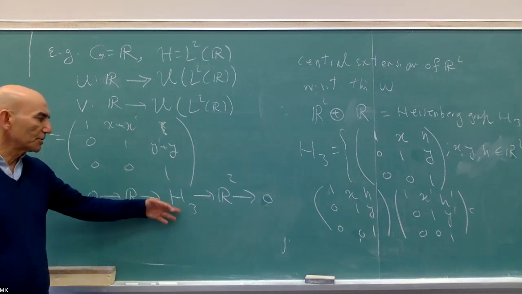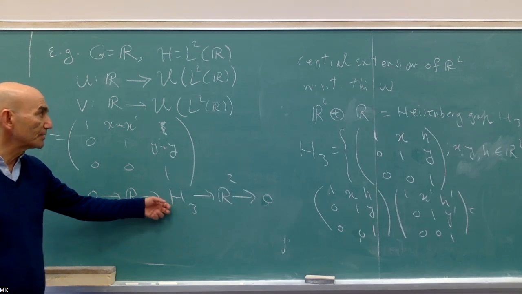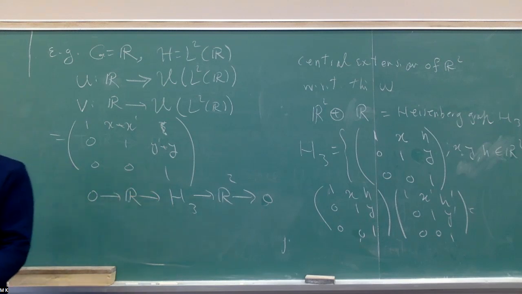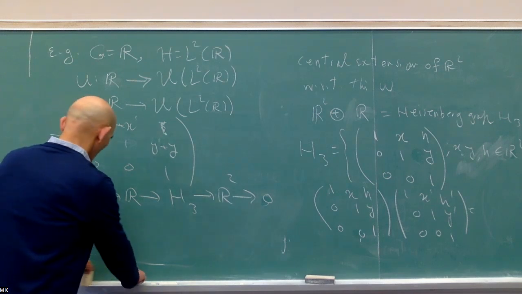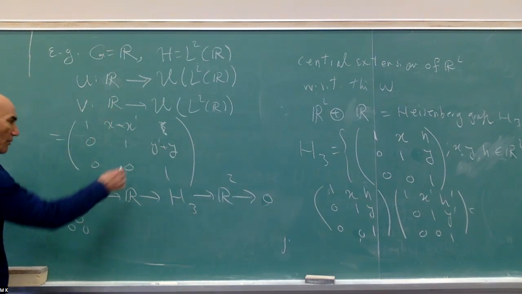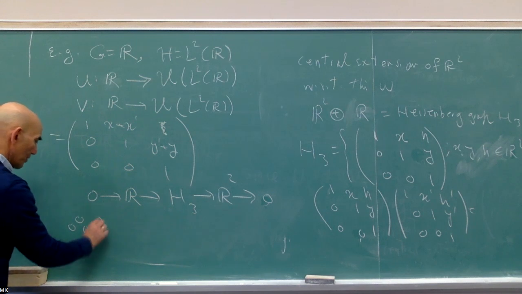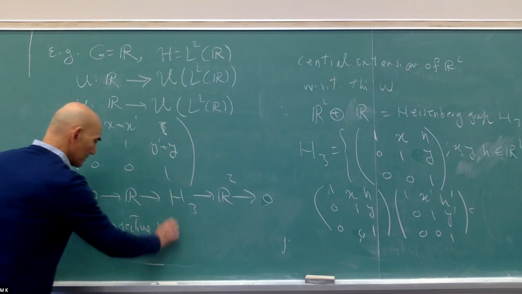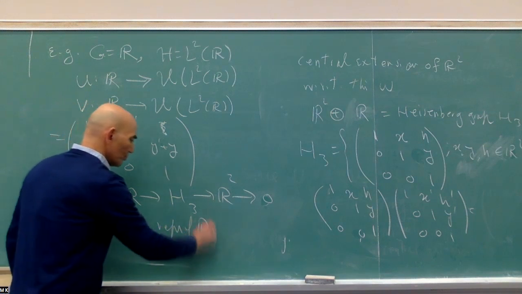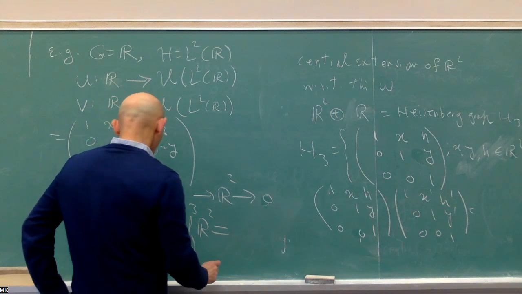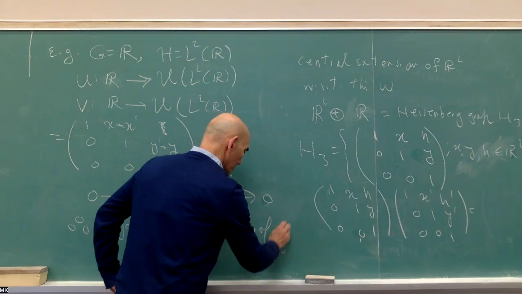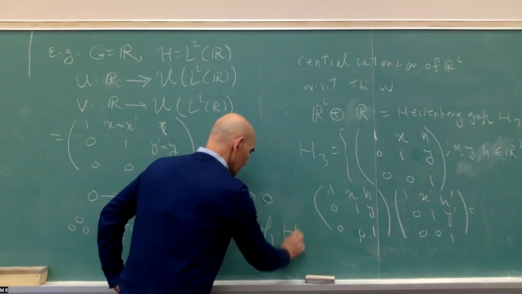So representations of these Heisenberg groups are basically projective representations of R2. So the corollary is that projective reps of R2 are the same as reps of H3, the Heisenberg group.